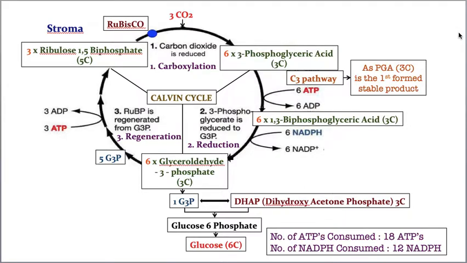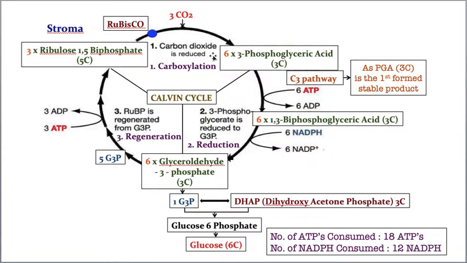Now let us take the first step, carboxylation. In carboxylation, the 3 RuBPs, each RuBP consisting of 5 carbons, that means 3 times 5 is 15 carbons, in the presence of Rubisco, by adding 3 carbons in the form of carbon dioxides, that means 15 plus 3 is 18 carbons, converts into 6 molecules of 3 phosphoglyceric acid.